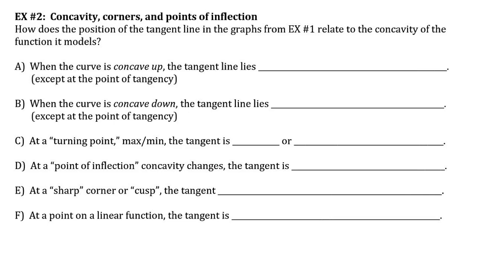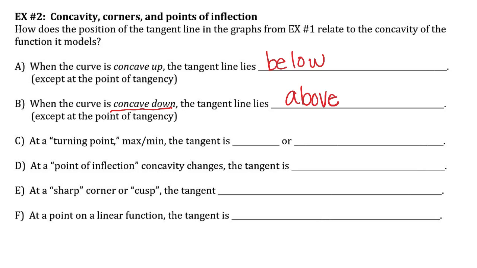When it talks about concavity, the function is opening either upward or downward. So for part A, when the curve is concave up, the tangent line is below the curve. That's something that will come back into play. And if you are concave down, then your tangent line is above the curve.